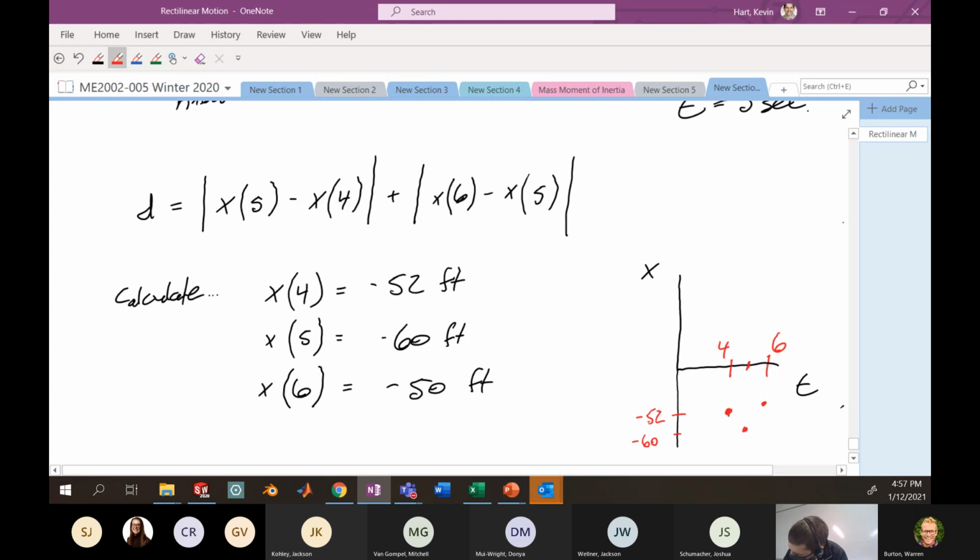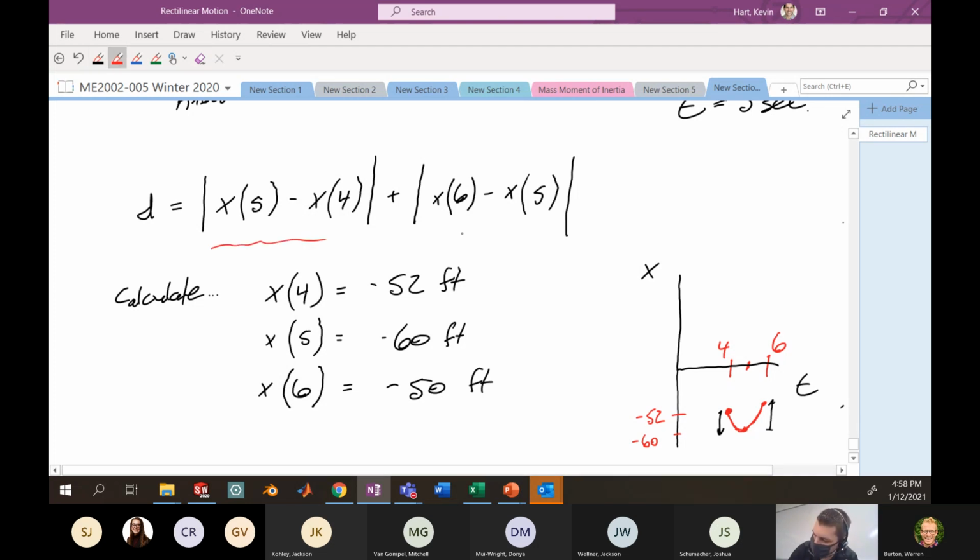So in this window, this particle is doing something that looks like this. It's moving out to a location of negative 60, changing its direction and coming back. So I need to account for the total distance that it traveled, which during the time domain of 4 to 5 seconds, it moves a distance of 8 feet. And between 5 and 6 seconds, it's moving 10 feet.